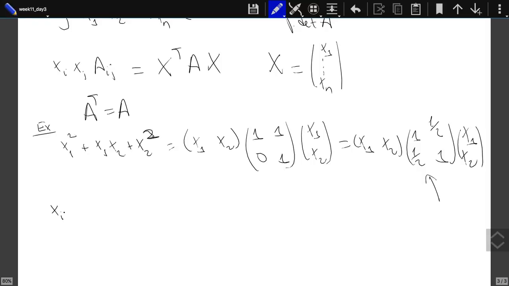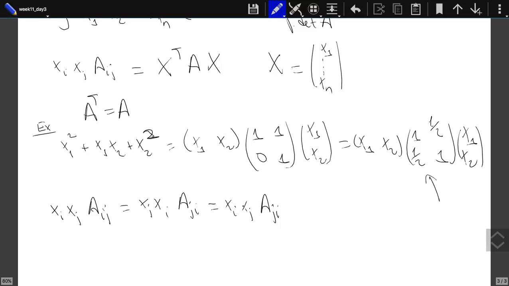Now to see that, x_i x_j A_ij, remember these i, j are dummy indices, so I can just change their names. So this is equal to x_j x_i A_ji. I just renamed them. I just called ij and I called ji. But you see, x_j x_i is the same thing as x_i x_j, A_ji.